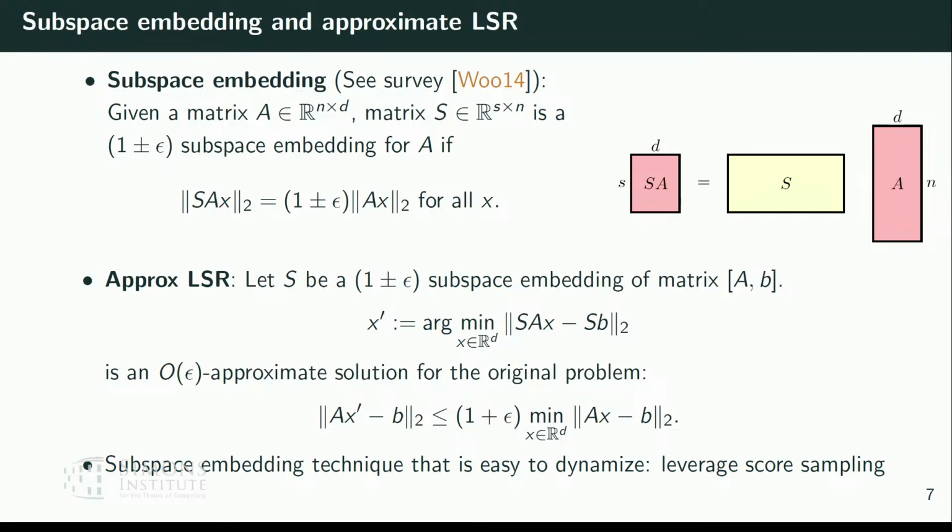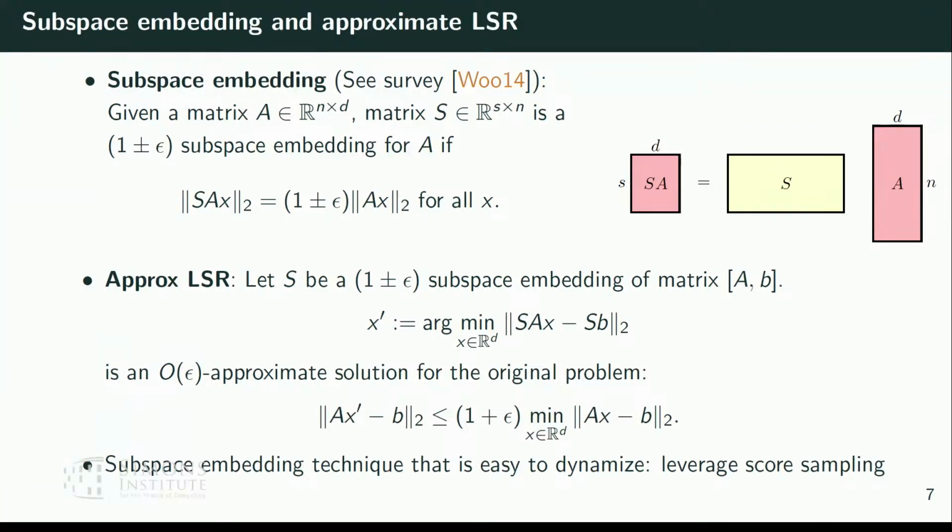Okay. So what we wanted to do is make this all dynamic, so we wanted to dynamically maintain some subspace embedding of our matrix A. And there are many different techniques that can achieve subspace embedding. One very widely used technique is sketching, where it uses some random matrix.